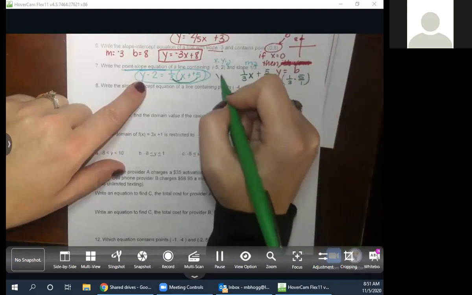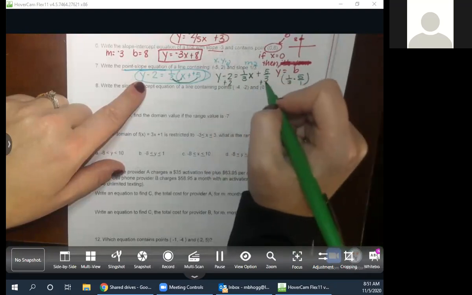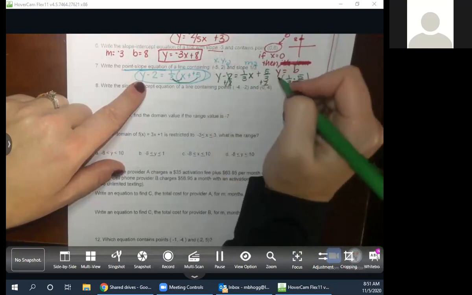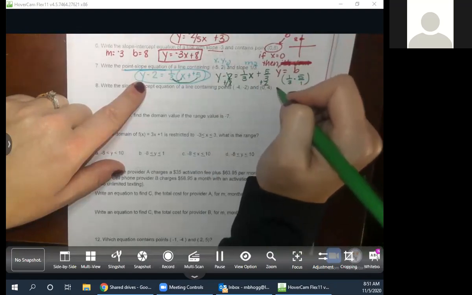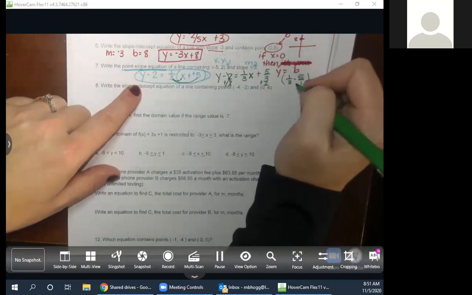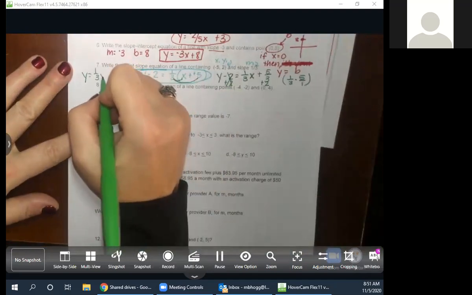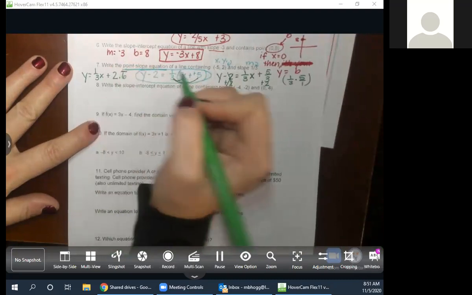And so y minus 2 equals, we're going to add 2 to both sides. So 2 5/3. That's a dumb equation. Okay. So y equals 1/3 x plus 2.6 repeating.